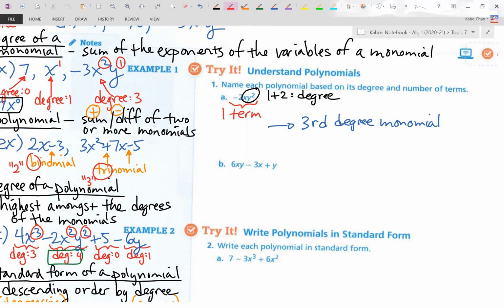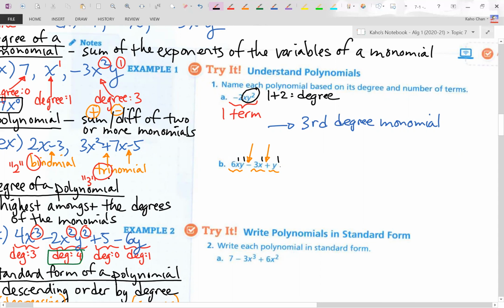The second one is a polynomial, and you want to look at each individual degree here. We have actually 3 terms, by the way, because they're separated by pluses and minuses, right? So we know we have a trinomial, but what kind of a trinomial? Let's look at the powers. We have a 1 and a 1 there, so that is a degree of 2. We have a 1 here and a 1 there.